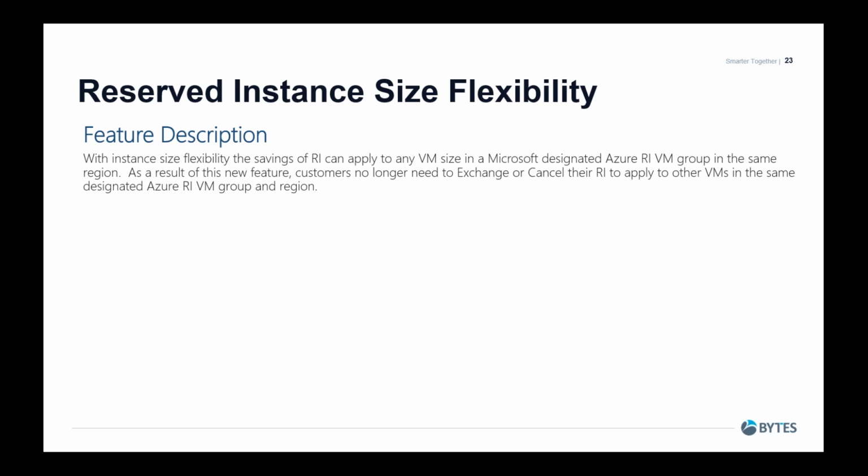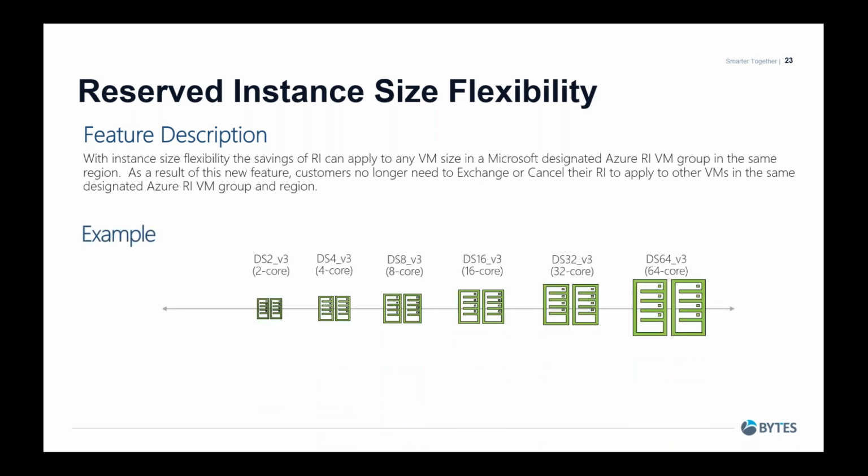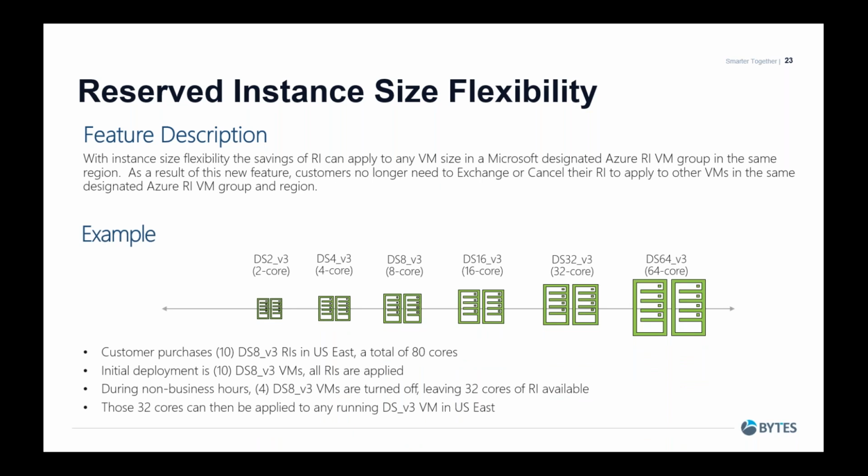For example, if you buy a reservation for a VM size that's listed in the DSv2 series, like a Standard DS3 v2, the reservation discount can apply to the other sizes listed in that same instance size flexibility group. Within the group, the number of VMs the reservation discount applies to depends on the VM size that you pick when you buy the reservation. It also depends on the sizes of the VMs that you have running.